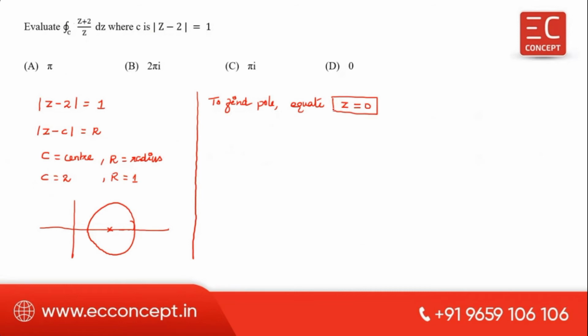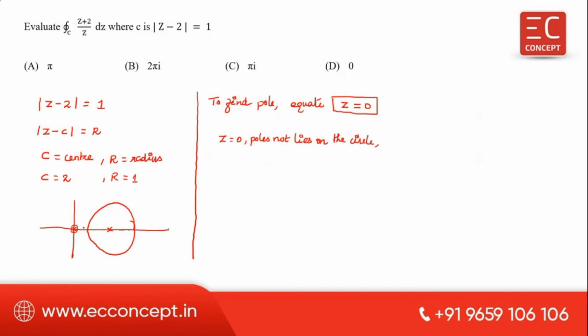Now you have to compare this. This Z is equal to 0 does not lie within the circle. That means Z is equal to 0 comes somewhere here. So this Z is equal to 0 pole does not lie on the circle.